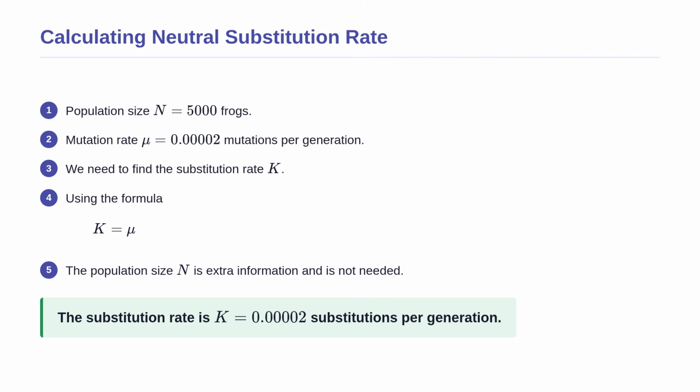We simply substitute the given mutation rate directly into our equation. You might notice we were given the population size of 5,000 frogs. However, this is extra information that we do not need to use because population size has absolutely no effect on the final substitution rate. The final answer is 0.00002 substitutions per generation. Physically, this confirms we can predict the pace of molecular evolution just by knowing how often copying errors happen, completely ignoring how many frogs are in the pond.